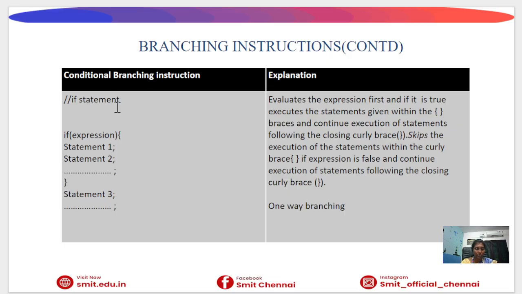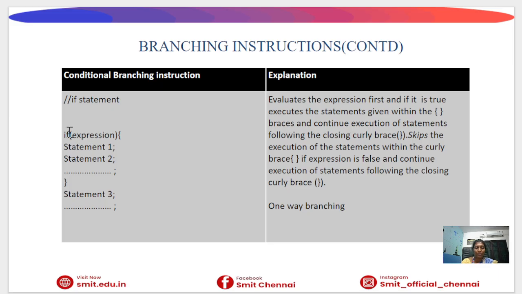In this conditional branching, we have the if statement, and in this if statement we have an expression. If this expression is true, then it moves on to the open curly braces. Then it executes statement 1, then statement 2, then the next statement, and the output comes depending upon the if statement.